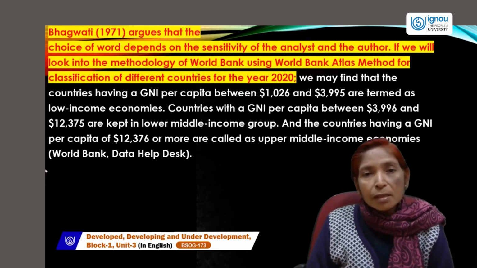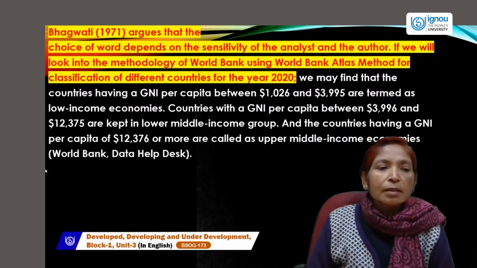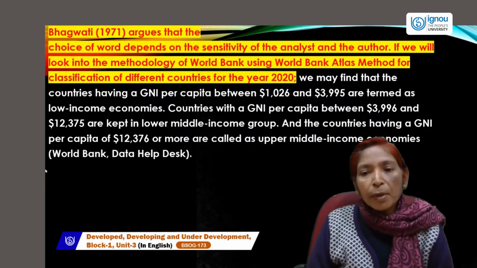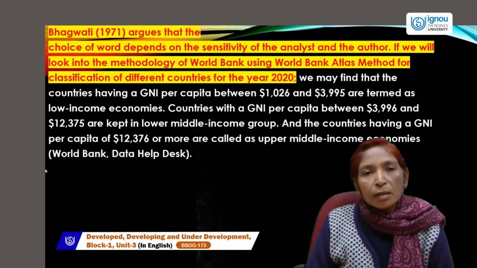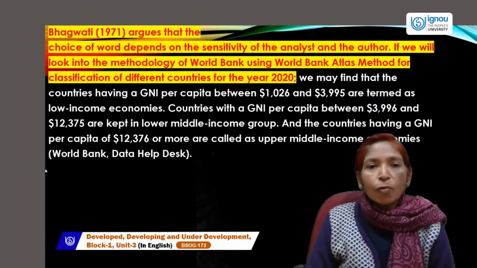And the countries having a GNI per capita of $12,376 or more are called upper middle income countries. This classification is made by the World Bank.